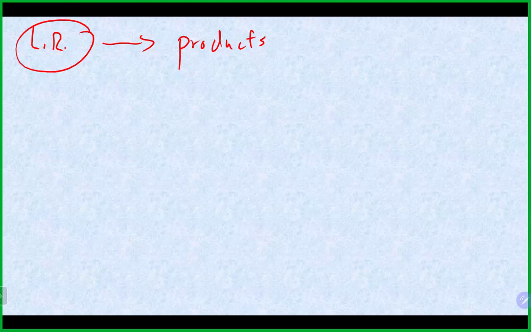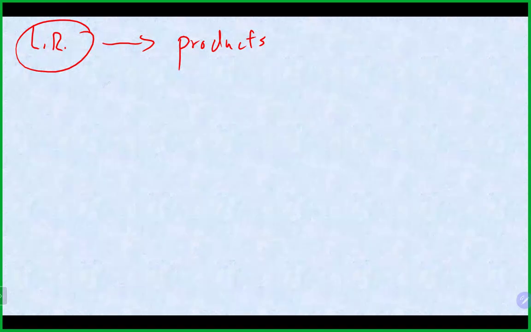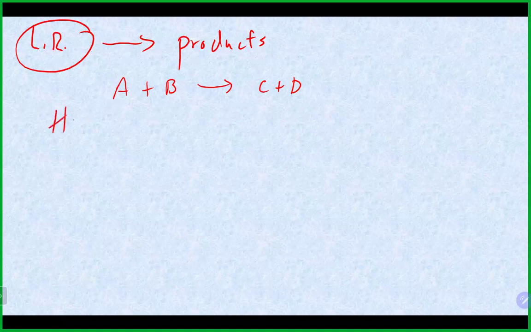So when it is a limiting reagent problem, we want to figure out which one is the limiting reagent. As we talked about, there's two main ways you can do that. More than two, really, but two that we talked about. The first way is you basically want to figure out how much, in this example, of B would be needed to use up all of A. So that's one way that you can figure it out.